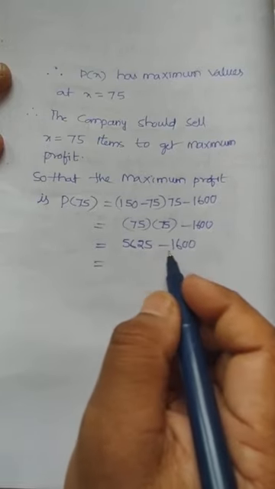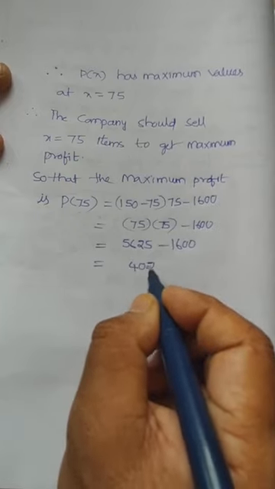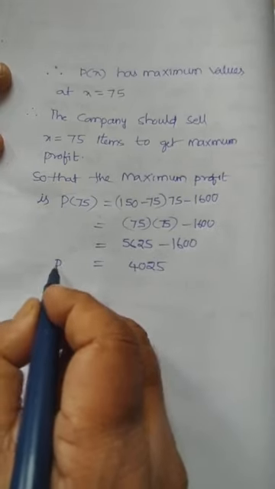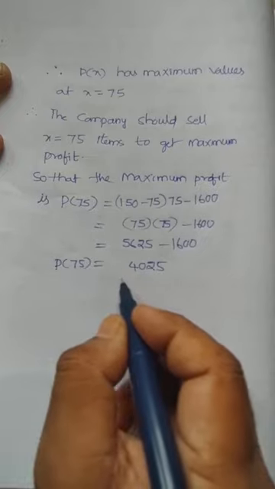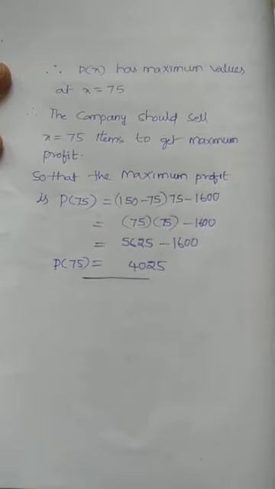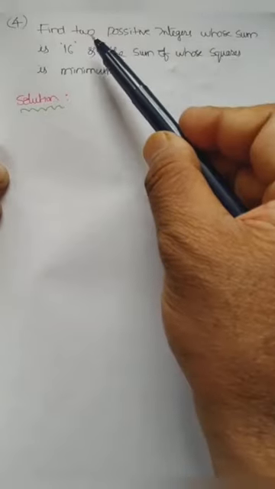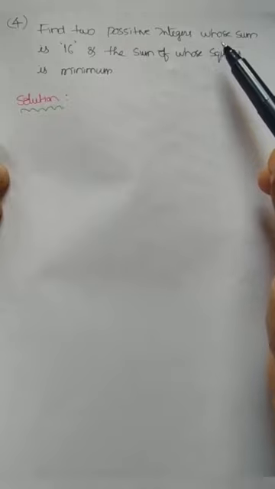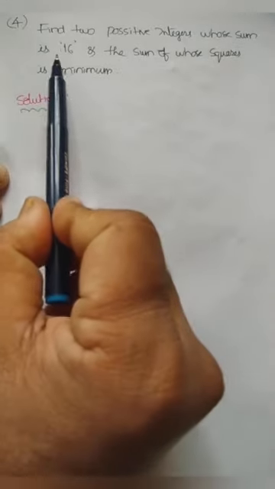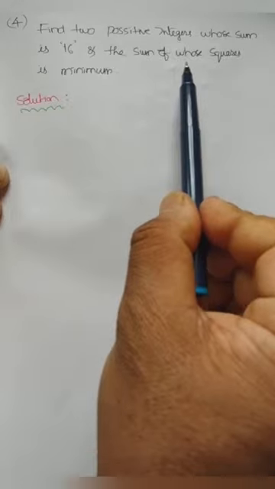So 5625 minus 1600 is 4025. So the maximum profit of the company is 4025.